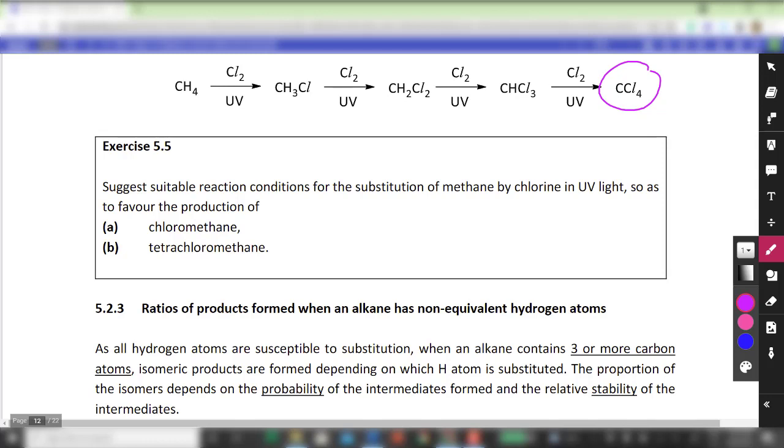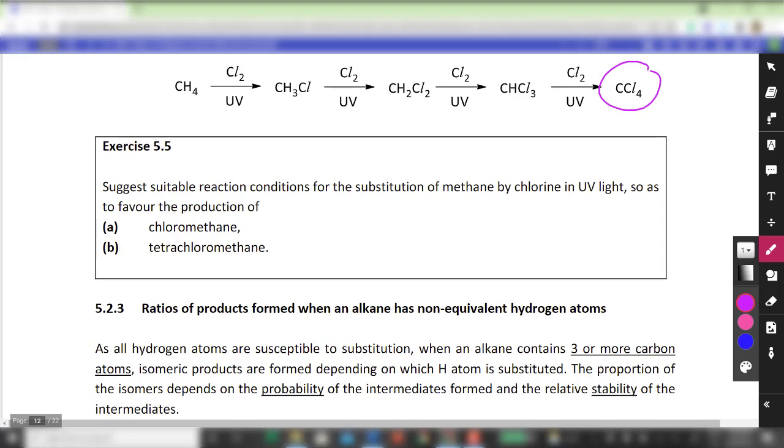So either you say limited amount of chlorine or excess methane. That's because we want to ensure that the chlorine radical will only react with methane but not chloromethane. It's a probability game. You will definitely get some dichloromethane or even trichloromethane, but the bulk of my product is monochloromethane.